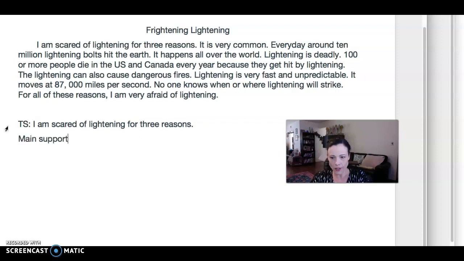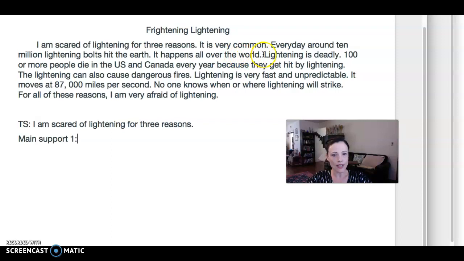So now we're going to look for my main support one. It's usually going to be my second sentence because we put our main supports first before we give details, right? So let's see if it is true here. It is very common. Every day around 10 million lightning bolts hit the earth. It happens all over the world.